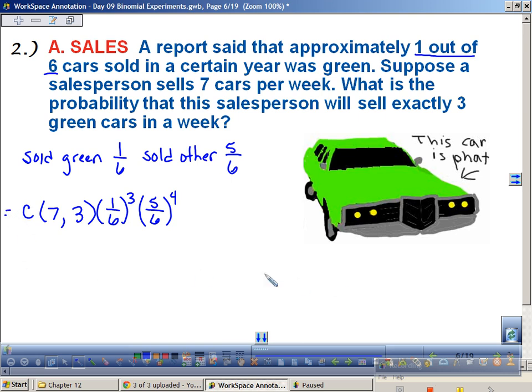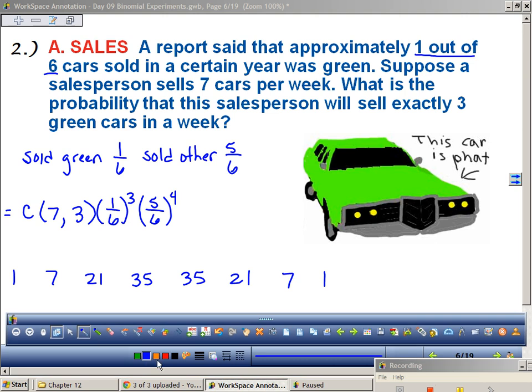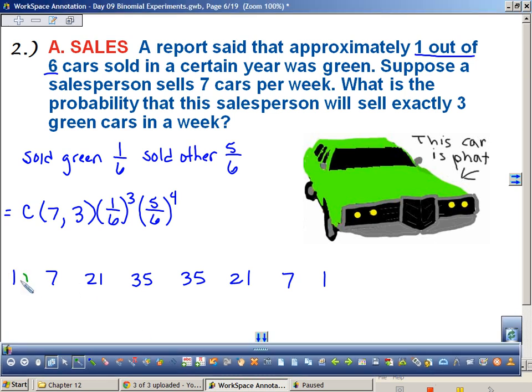You want me to expand it using binomial expansion? Okay. So what's always the first number? 1. Then the second one? 7. It would be 7, 21, 35. There's actually another 35 on this one. 21, 7, 1. If we want 3 green cars, so here's green. This green would be to the 7, right?